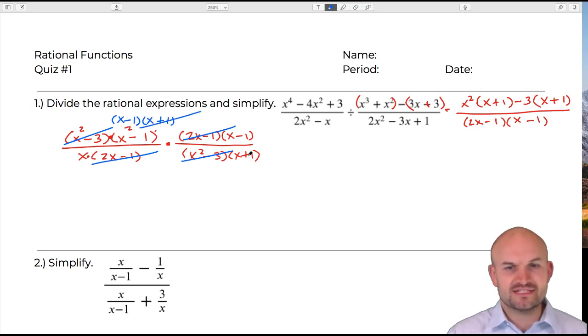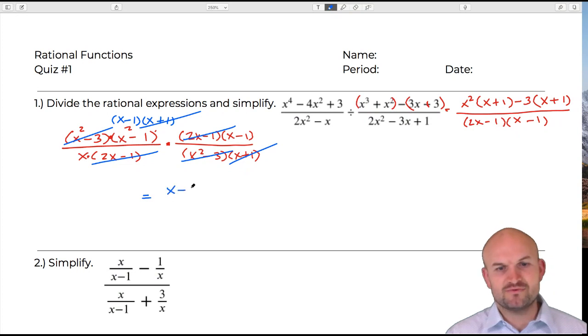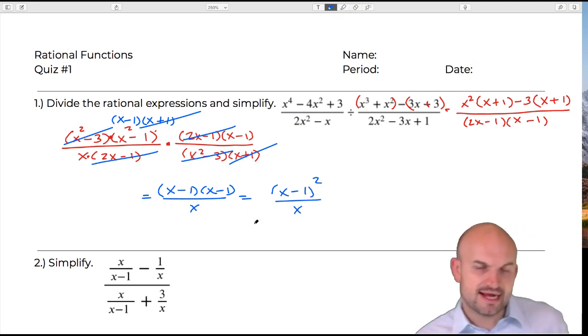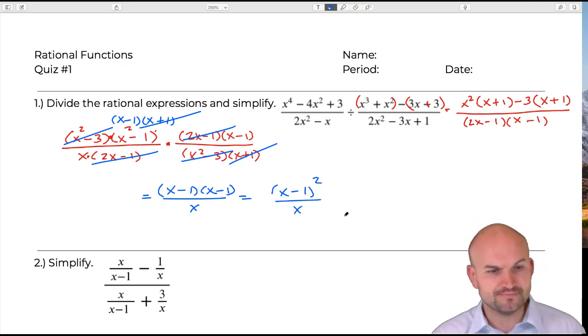Therefore, that allows the x plus 1's to now divide out. And now I'm just left with an x minus 1 times an x minus 1, and in the denominator, I just have an x. So then we can simplify that to x minus 1 quantity squared over x. And that was the answer choice that I was looking for on the students.